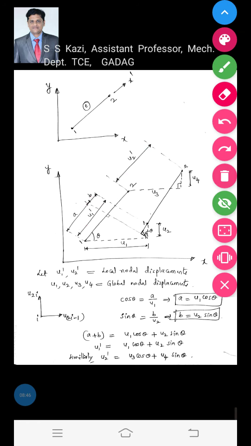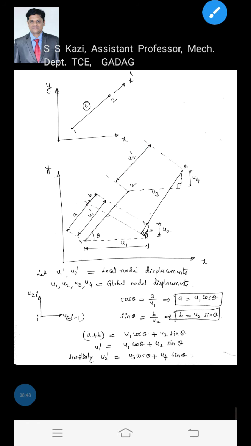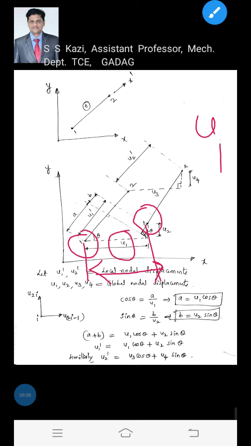Now come to global displacement. Globally, if you consider the entire structure, node 1 will attain a new position here, with global coordinates x and y. In the x direction, the displacement is u1, the global nodal displacement in the x direction at node 1.